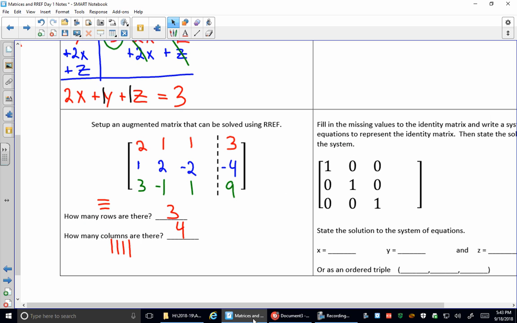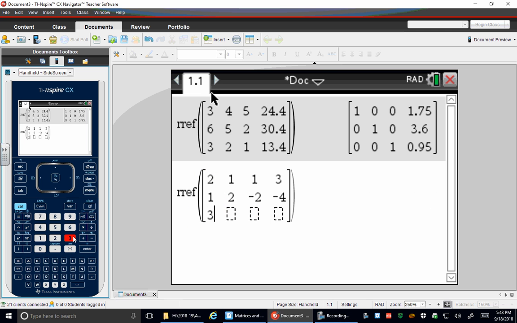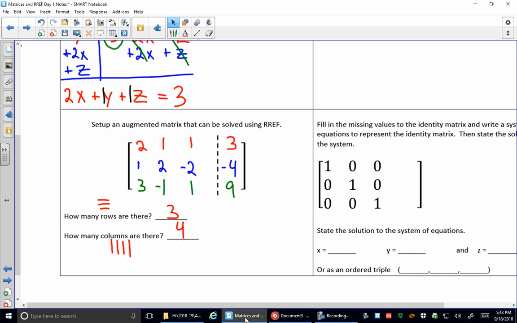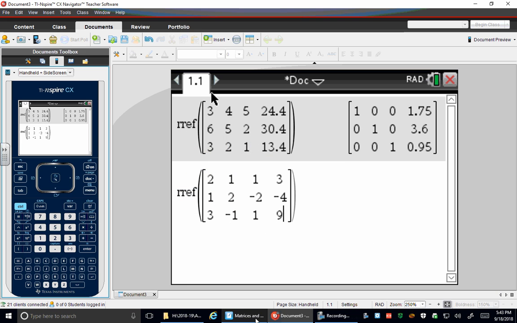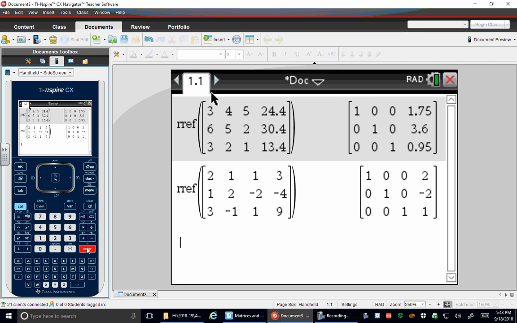Okay. 3, -1, -1, and 9. Now before I hit enter, I definitely want to check my numbers and my work. And now I can hit enter.